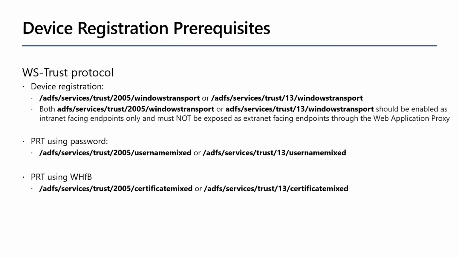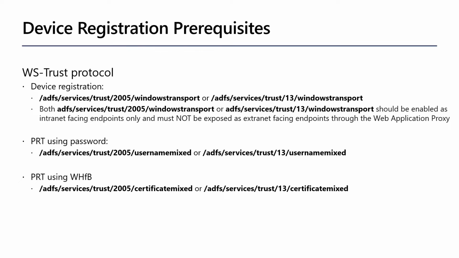For Federation service, the WS-Trust protocol should be enabled for both device registration and PRT acquisition. And here I'm covering all needed endpoints from the ADFS server specifically. For other Federation services, you need to check with the Federation service support.